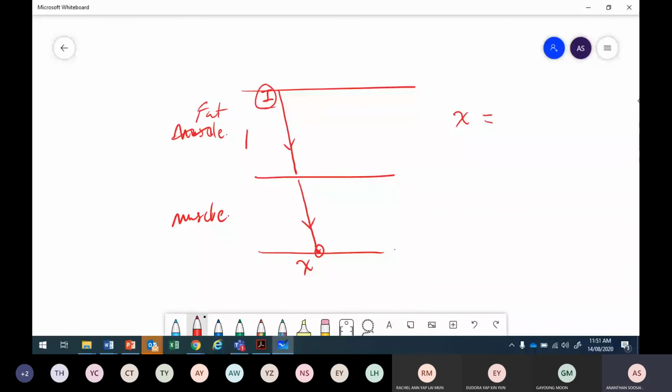This is medium 1, fat, and medium 2, muscle. So X equals what multiplied by what? I. The first is absorption. Let's say this thickness is x1 and this thickness is x2.